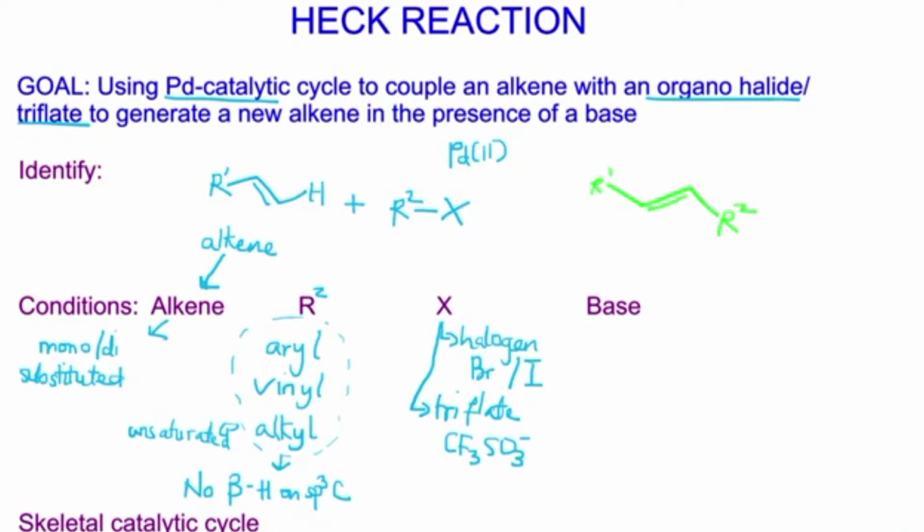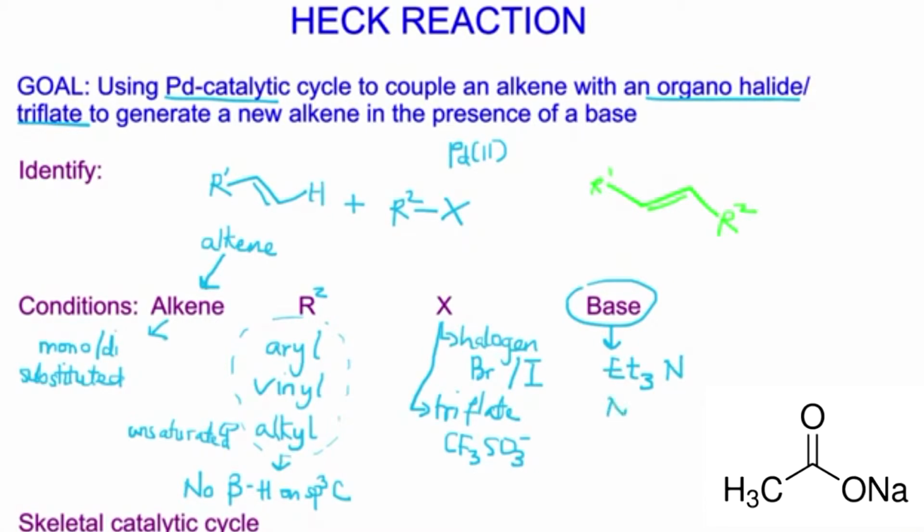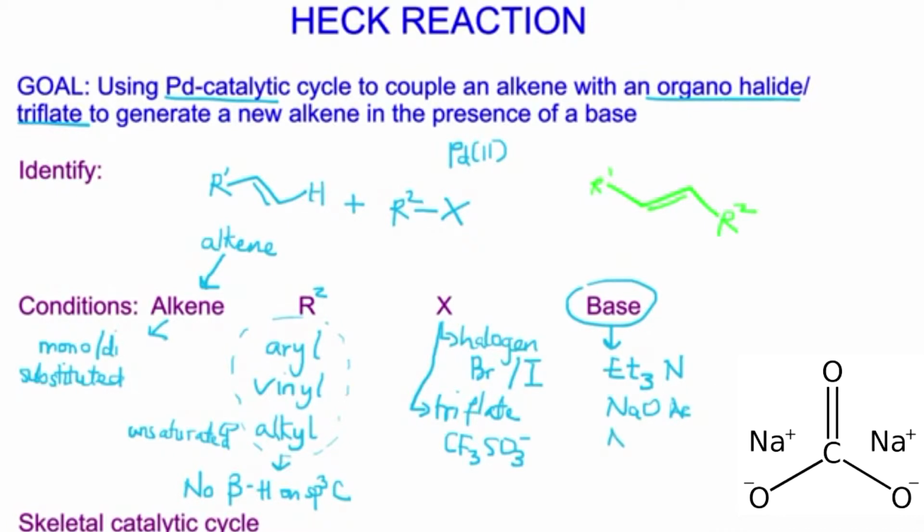The base that is also used can be a not so strong base, like for example triethylamine, and then we have sodium acetate, or sodium carbonate. All these bases can be used for this particular end reaction, which is called the reductive elimination.